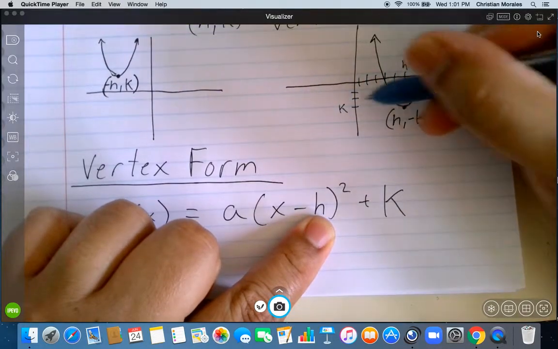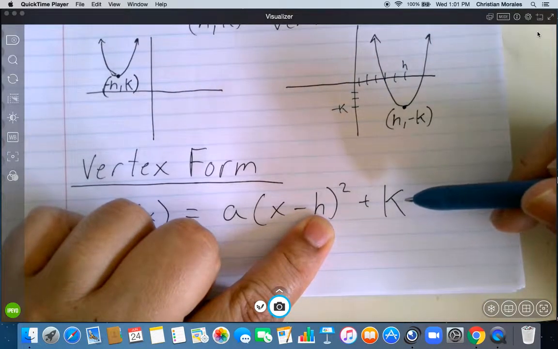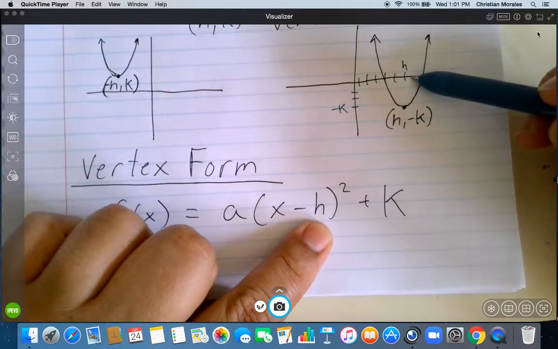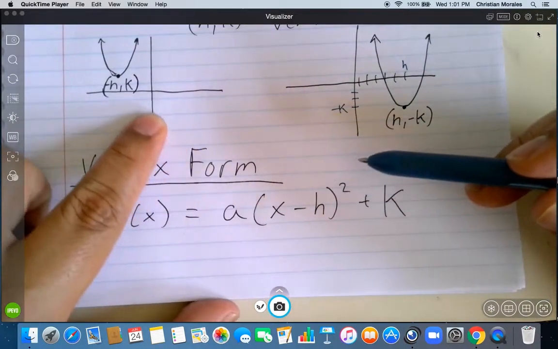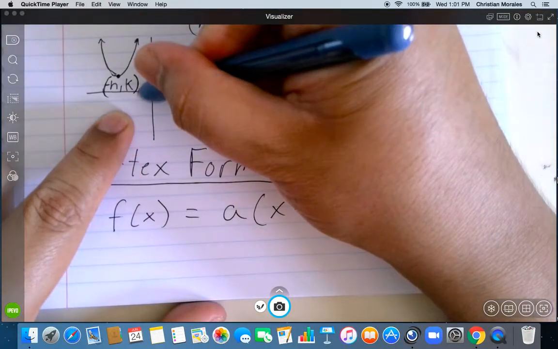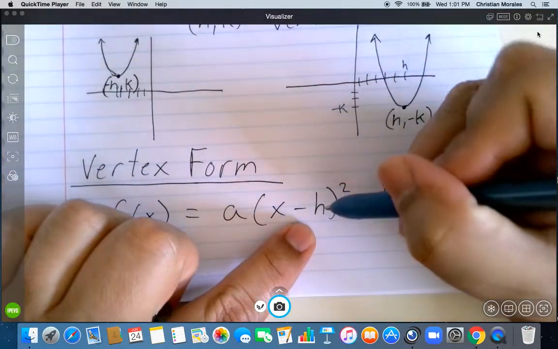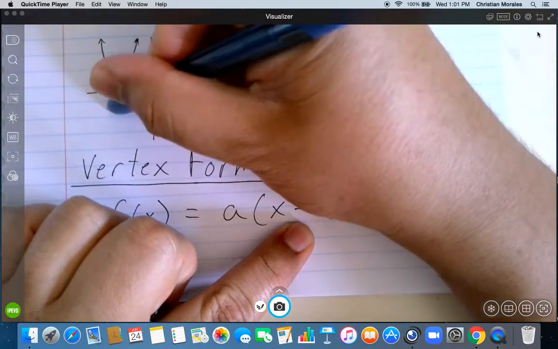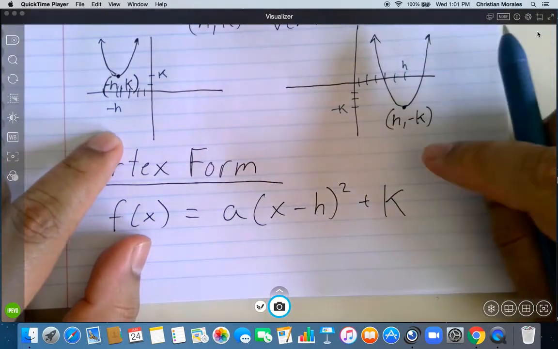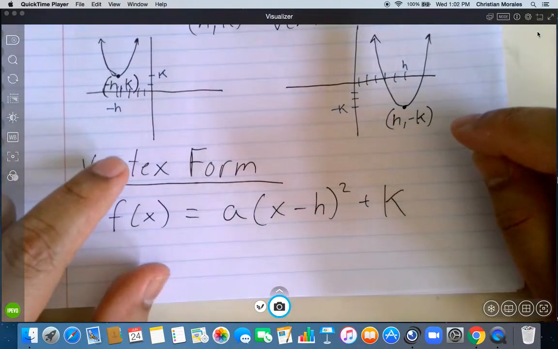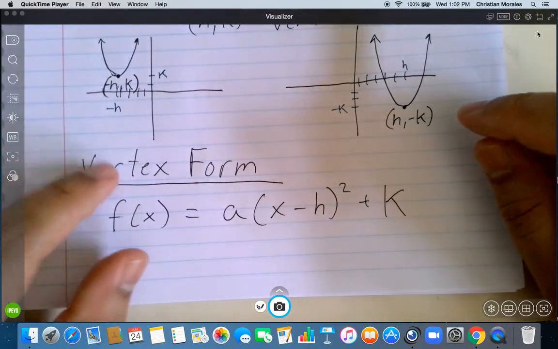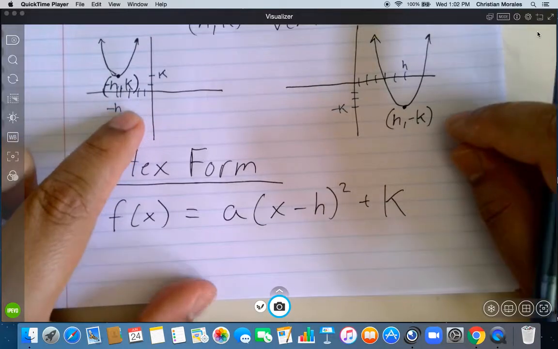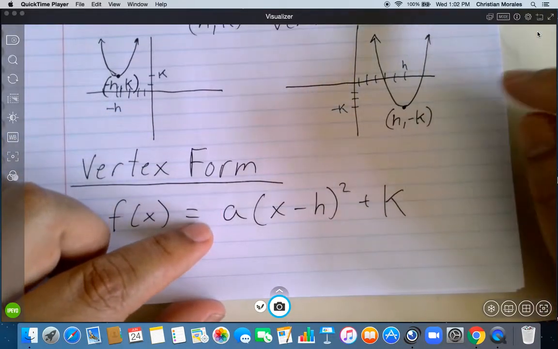So in this case, I have a -k. So the number I plug in here is negative, but the number I would plug in here is positive. It's different over here. The h is a negative number, so I'd plug in a negative number here, but the k is a positive. So it's very important to know if you have a negative h or a positive h, or a negative k or a positive k. That changes where you're going to move the parabola.